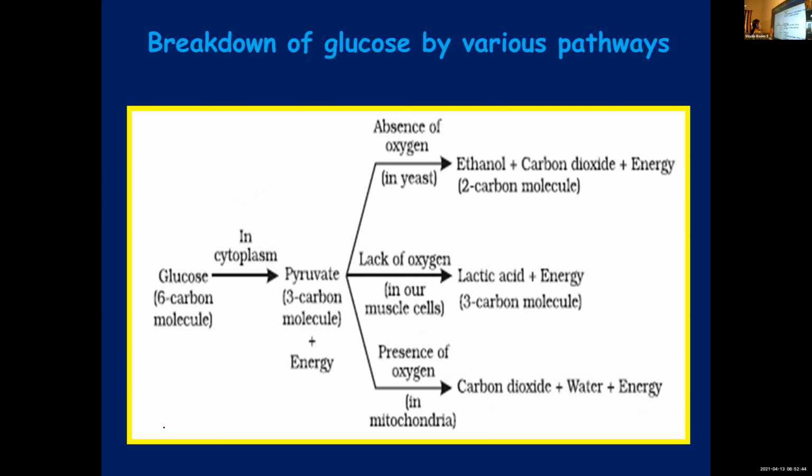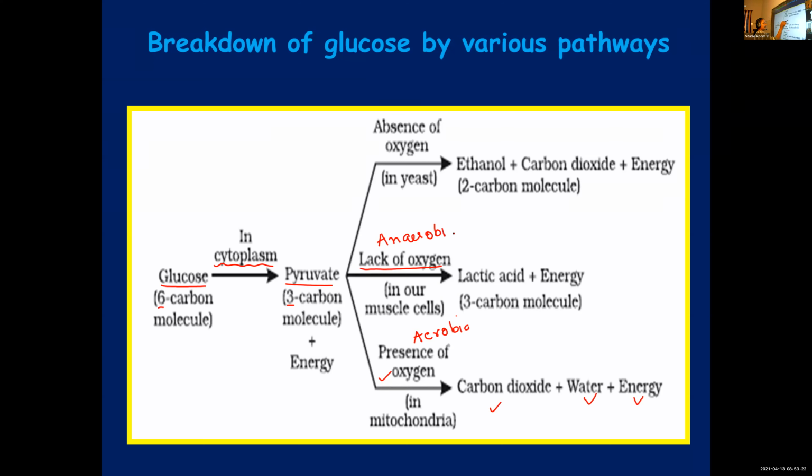In the presence of oxygen, that is aerobic respiration, pyruvate will break down to carbon dioxide, water, and energy. And when it takes place in the absence of oxygen, it is anaerobic respiration.